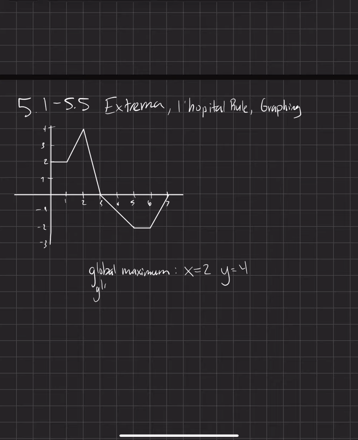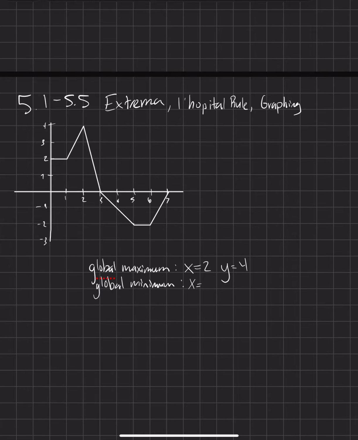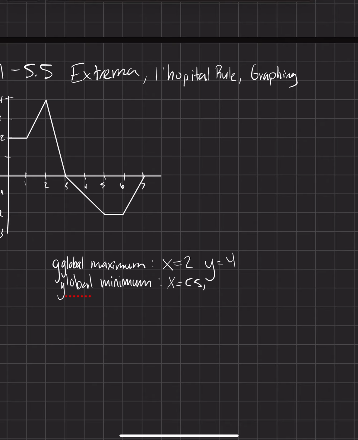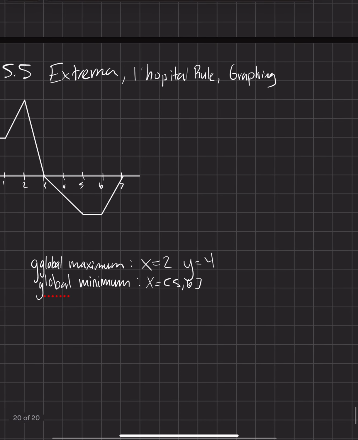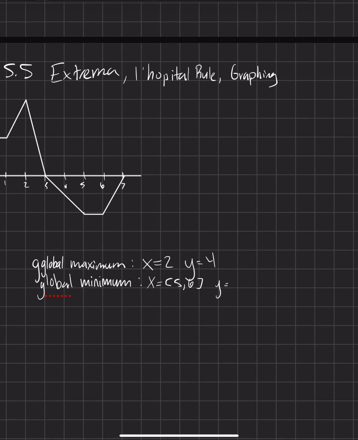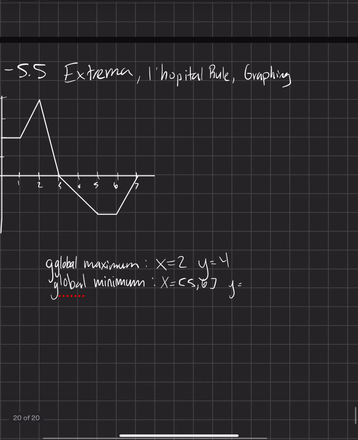And then we're going to have a global minimum. Let's see here, when x is equal to 5, 2, and x is equal to 5, 2, 6. And then this is going to give a value of, what was it, -2? Right.